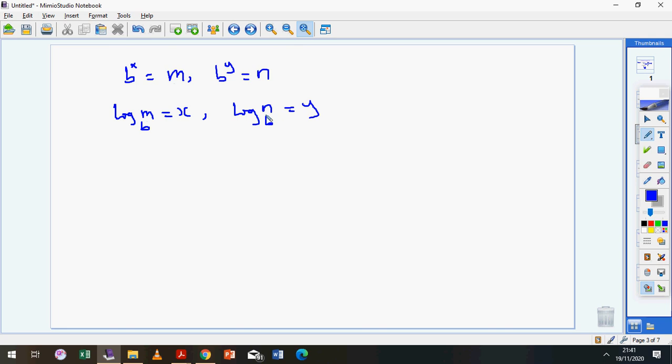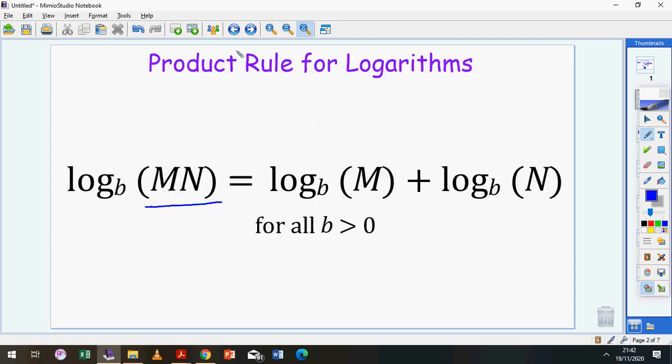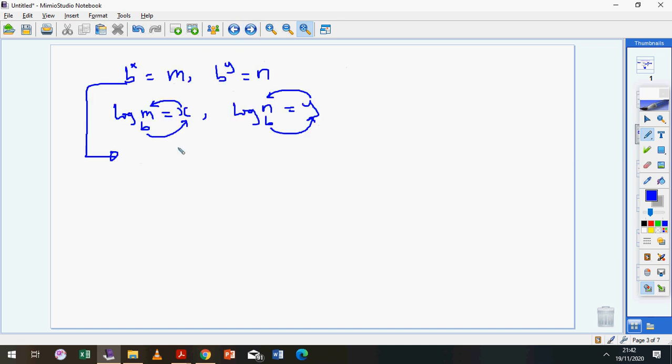This goes back to the same thing as that if I use that cycle. Now, again, starting with this, if b to the power x is m and b to the power y is n, remember my product was mn, so I'm trying to recreate this product. And that's going to happen if I multiply these two.